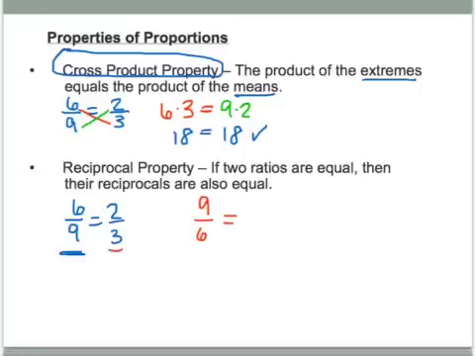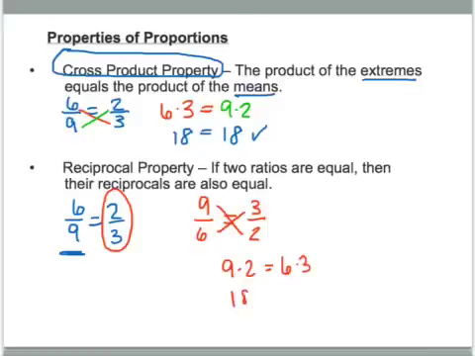That should be equal to the reciprocal of the second ratio, which is 3 over 2. And in order to check that, you would do the cross product property. Is 9 times 2 equal to 6 times 3? Why, yes it is. So this property works as well.